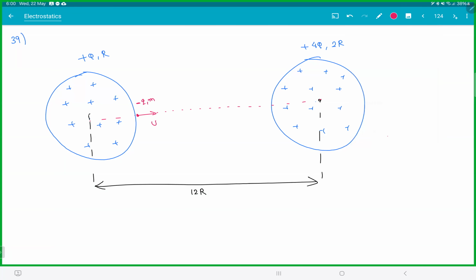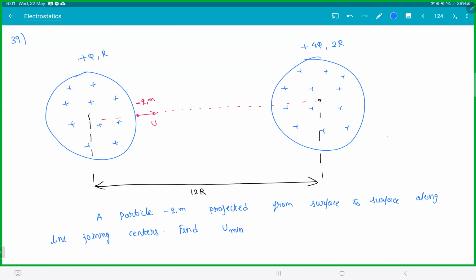So find the minimum speed so that this thing goes from this sphere A to sphere B. So the particle is projected from surface to surface along a line joining centers. Find U minimum so that it reaches the other sphere.